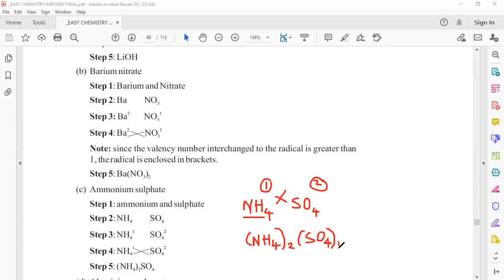What is the meaning of the 1? Anything multiplied by a 1 means anything. So there is no need to put the SO4 in brackets. So this is (NH4)2SO4. This is what we call ammonium sulfate.